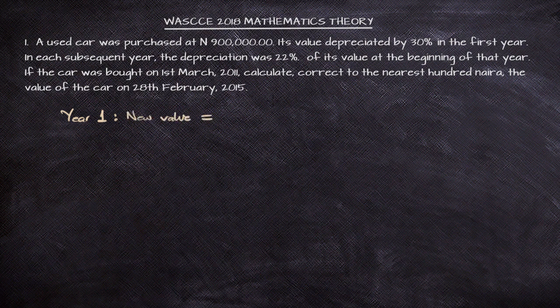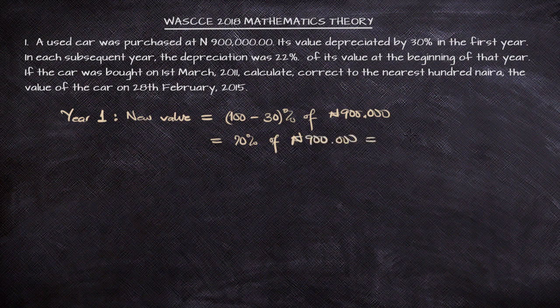So, after that year 1, the new value will be 100% minus 30% of its original value. If it depreciated by 30%, then the new value will be 100 minus 30% of the original value, which is 900,000 naira. And so that will give us 70% of 900,000 naira.